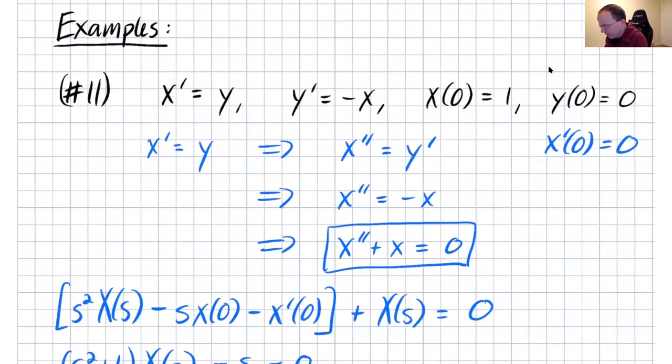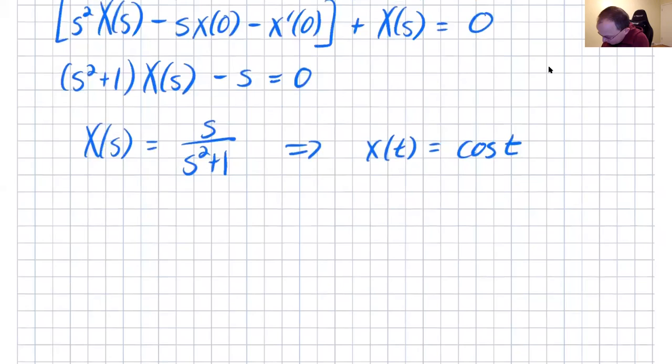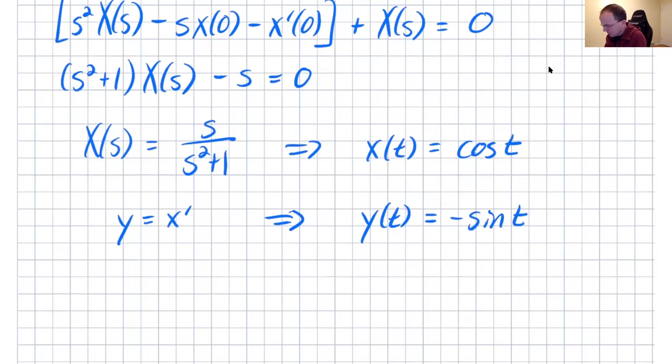So we'll just take the derivative of x, and that will give us y. So y is equal to x prime. So that implies that y of t is equal to negative sine t. And there we have it.